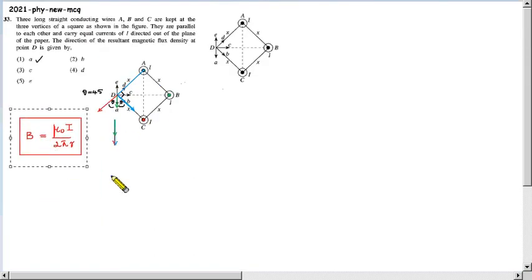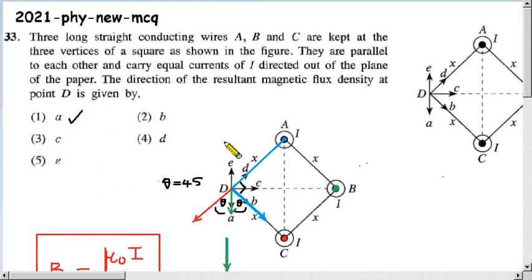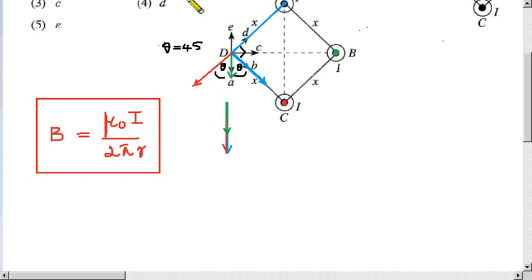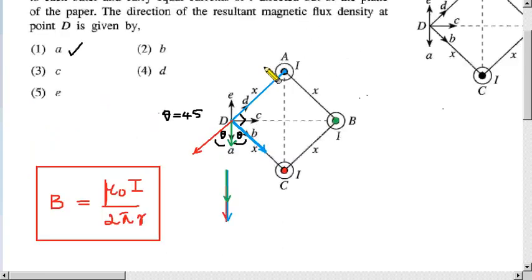So let us use it to find the magnitude of this final magnetic flux density. Since the current is I, here also I, the distance you have to change. What is the distance? I am taking this red one first of all.